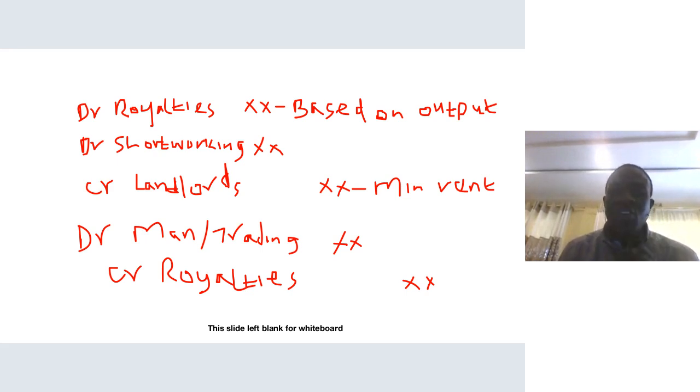Number two, you credit the landlord's account again with the same amount. But when you pay the amounts to the landlord, you will debit the landlord's account and credit the short workings account with any amount that you have saved.